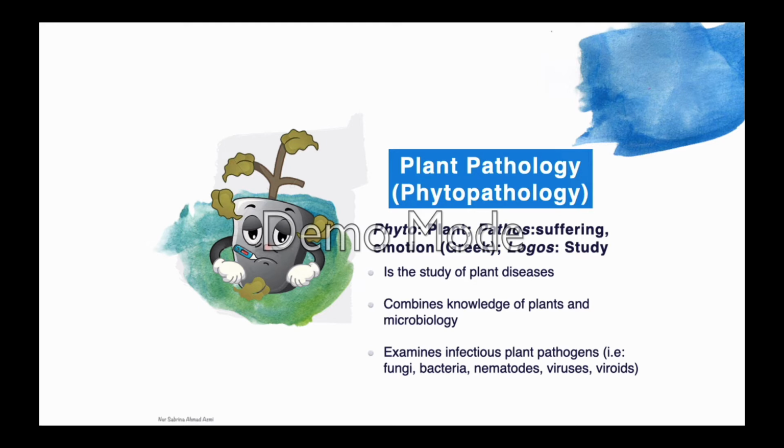Before we start with a series of lectures on plant pathology, first we need to know the meaning of plant pathology, or in other words, phytopathology. So what is the meaning of phytopathology? Phyto means plant. The word pathology you can separate into two words.